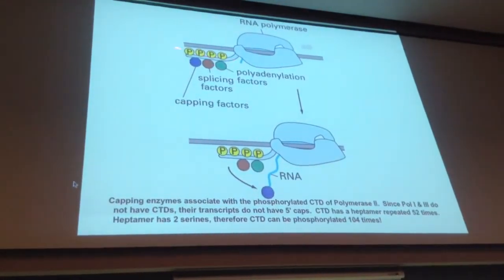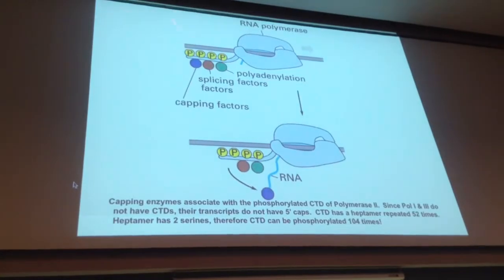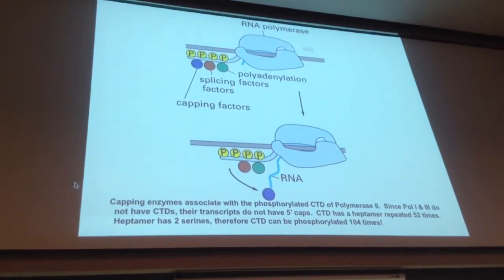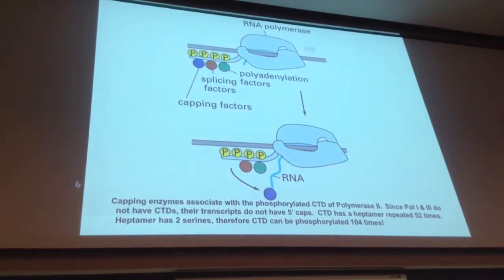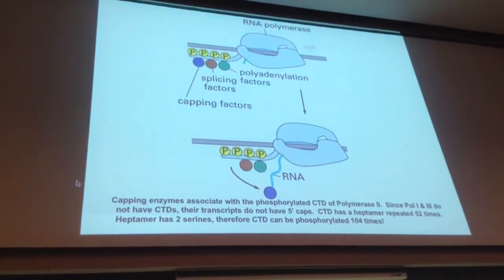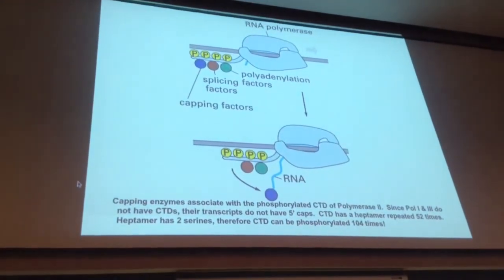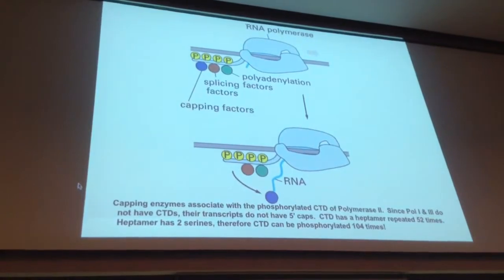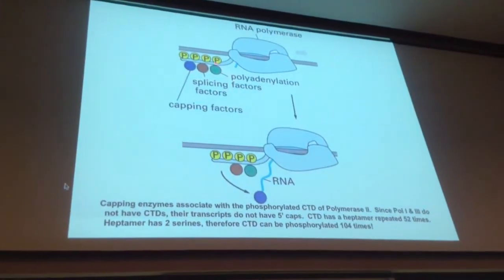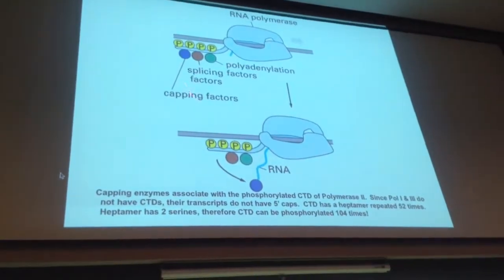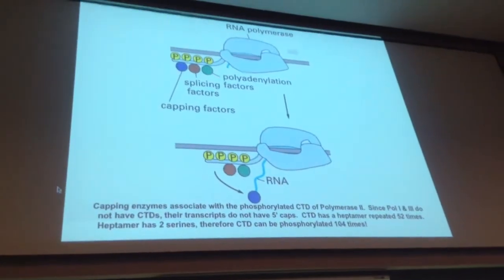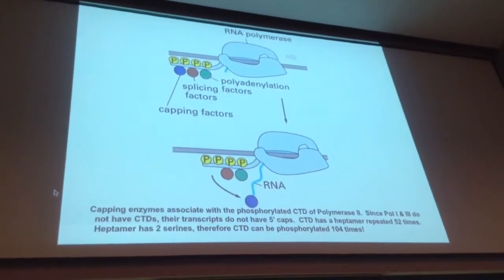When they are phosphorylated, they lose their affinity for the transcription factors at the promoter region, but they gain new affinity for other proteins. Several proteins get on there: capping factors, splicing factors, and cleavage factors, and we'll talk about all of those as we go.